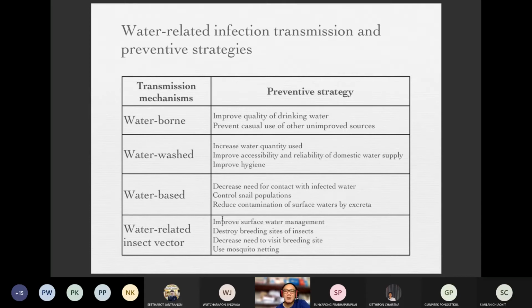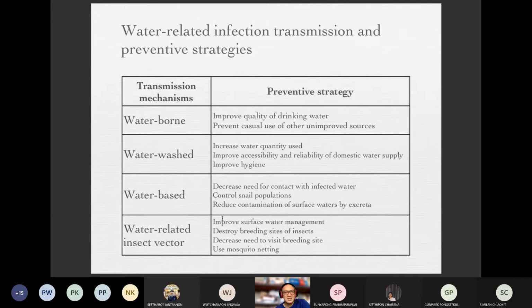Compared with some municipalities in the provincial areas, sometimes they supply and every once in a week they have problems with the water supply systems. They could not supply clean water. So this is also a kind of problem that we need to tackle if we want to prevent disease transmitted due to the water wash mechanisms.